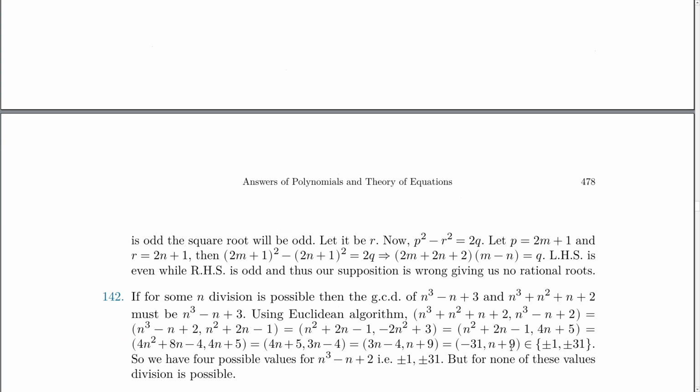So this will belong in the set of plus minus 1 and plus minus 31. So we have 4 possible values of n cube minus n plus 3, that is plus minus 1 and plus minus 31. But if you put in these values, you will see that the division is not possible.